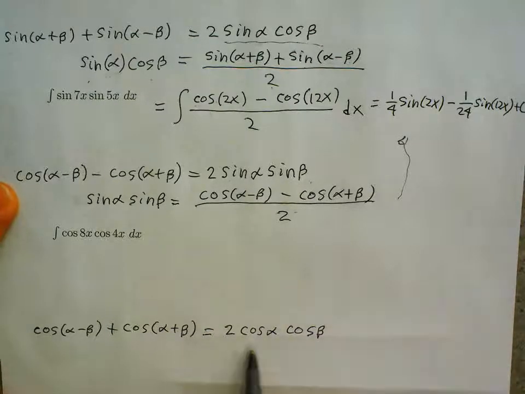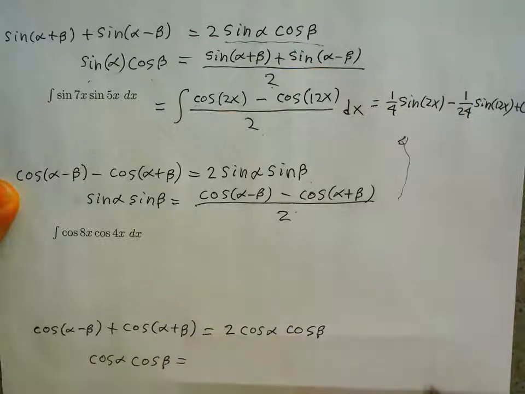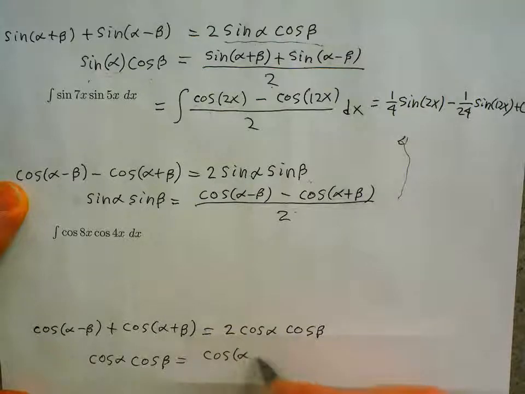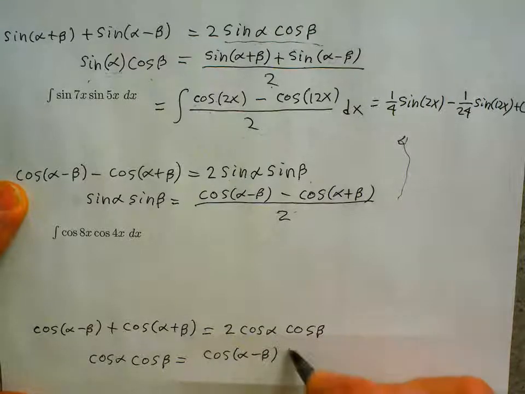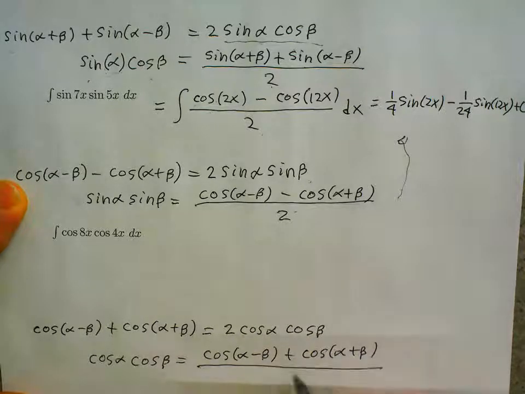And so the identity we want is cosine of alpha times cosine of beta, and that's equal to cosine of alpha minus beta plus cosine of alpha plus beta, all divided by 2.